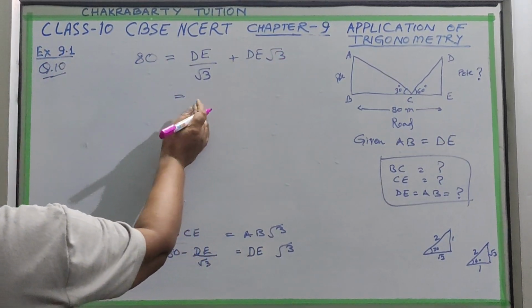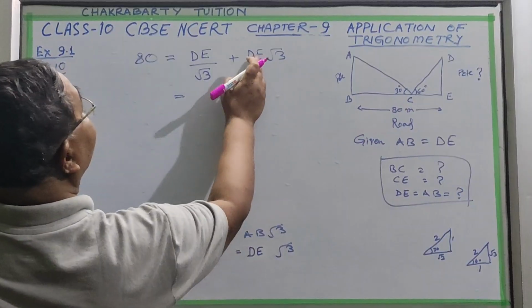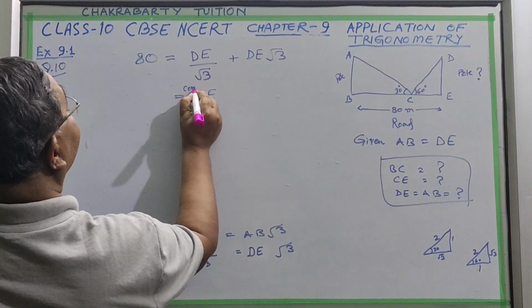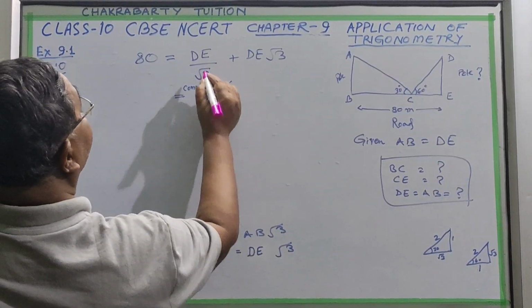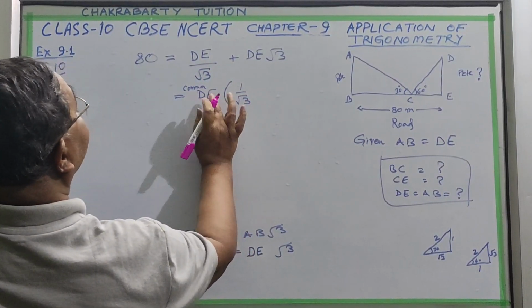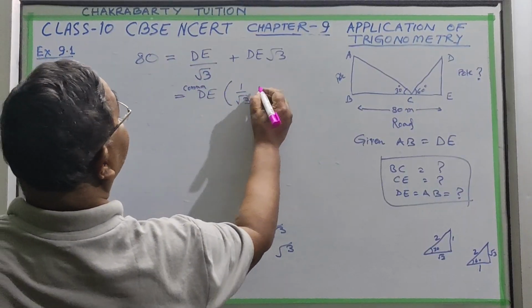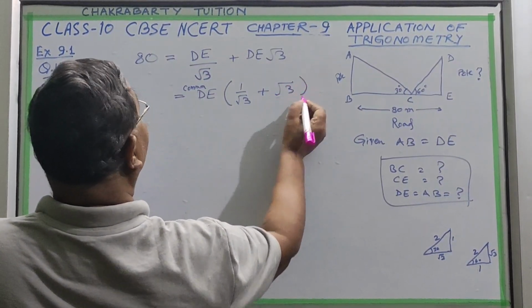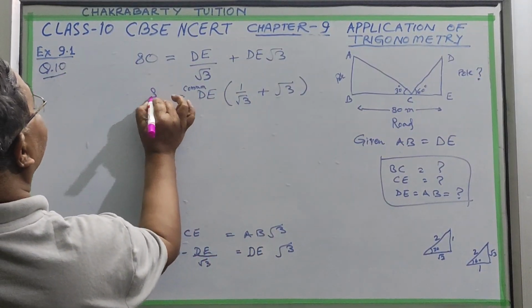So what will we do? We can take D as common. D common, we are taking this common out. So what will remain? 1 upon under root 3 will remain, and here 1 will go out and under root 3 will remain only here. Okay. So here 80 is here.